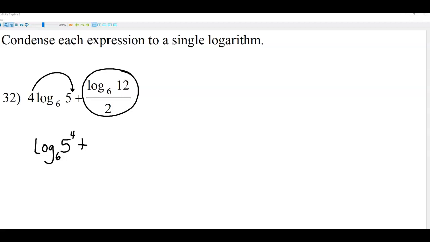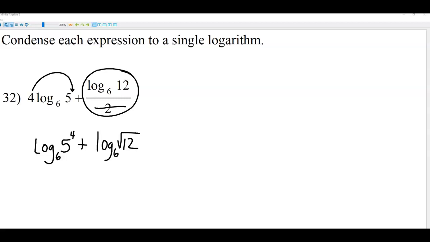I'm only going to use the short way, but if you want to see why it works, look back at your 10.5 notes. But basically what we're going to do is we're going to have log base 6 of 12 again, but this time I'm going to put a radical on the 12. We're going to get rid of that 2 there and just make it the square. Now since that is a square root, you technically don't have to write the 2. Any other number you would, but I'll just leave the 2 off.